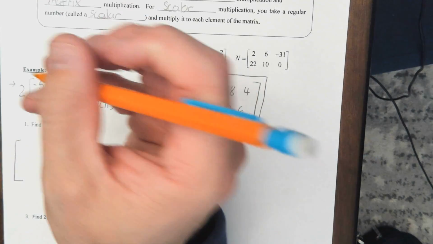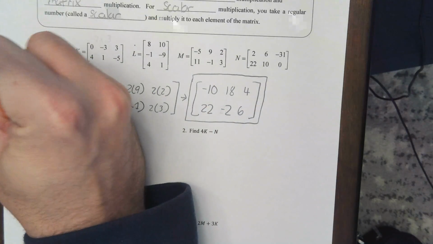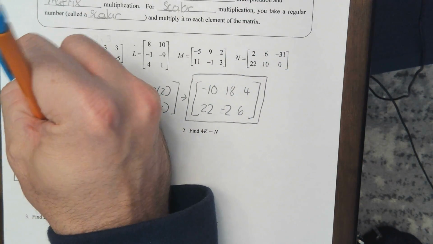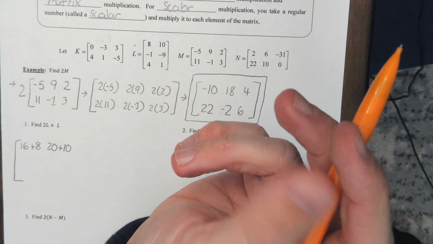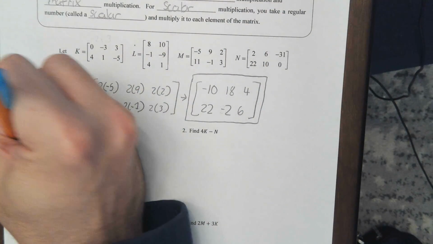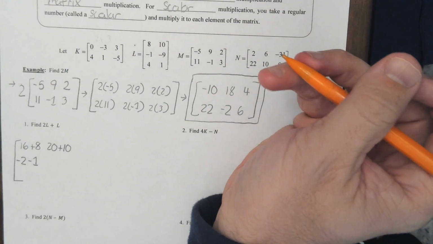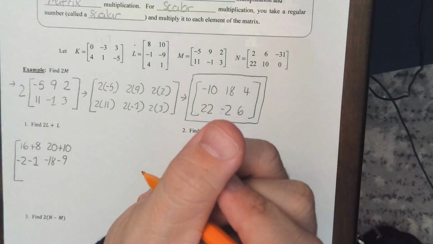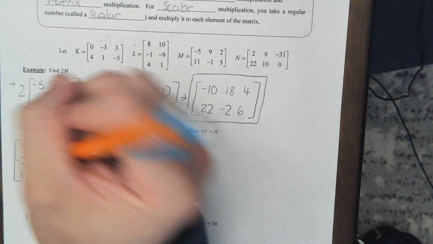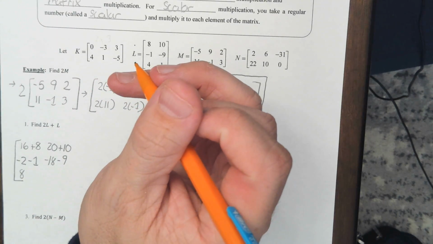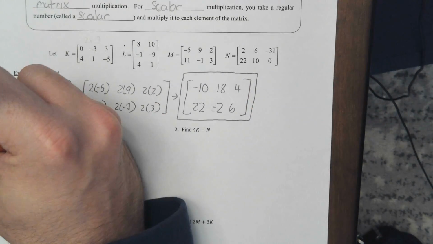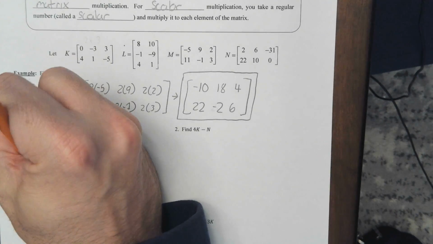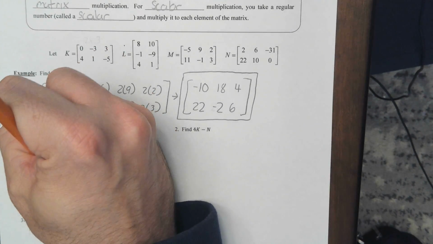So 2L, so that's going to give you 16 plus 8, 20 plus 10, negative 2 minus 1, negative 18 minus 9, 8 minus, or plus 4, sorry, and then 2 plus 1.